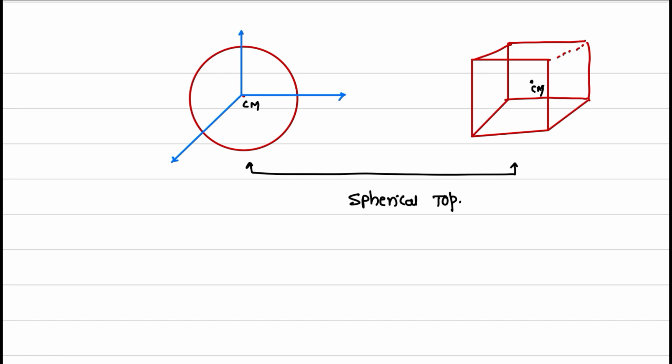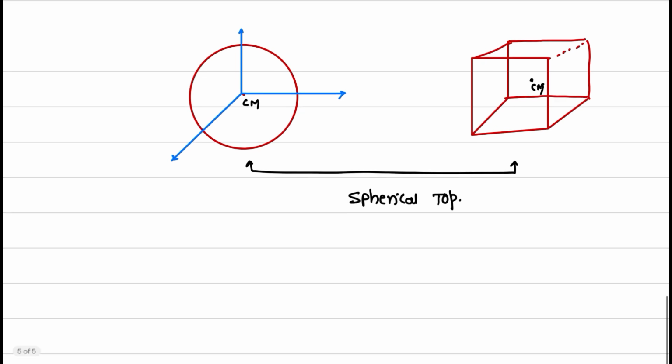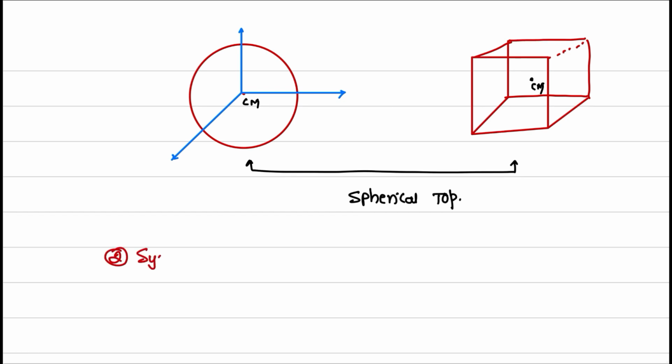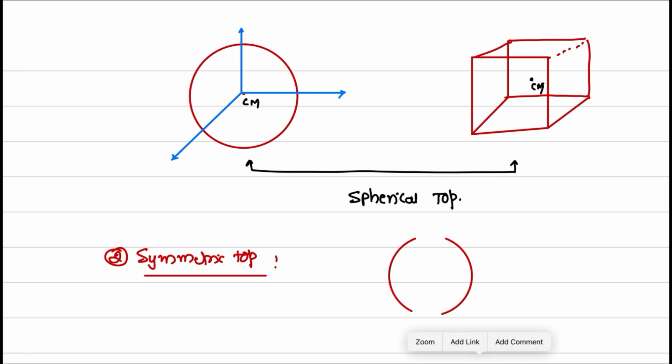Then, what about the symmetric top? In this sphere, let us say this top portion is removed. Like in the earth, we have flat portions at the poles, and a little bulge at the equator.